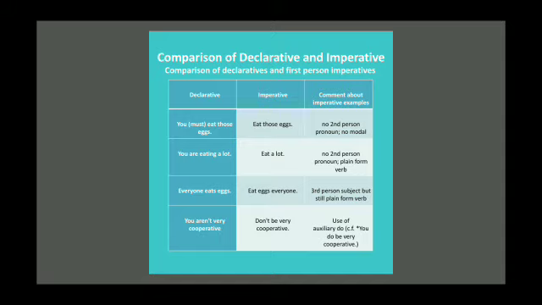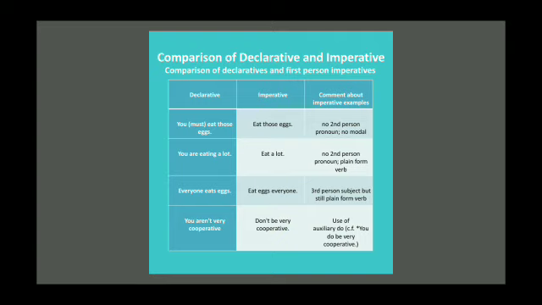Use a plain form verb. Everyone eats eggs. In imperative it should be: eat eggs, everyone, because the third person subject still takes the plain form verb. And then: you are very cooperative. In imperative it should be: don't be very cooperative, because of use of auxiliary do with the verb be in negation.